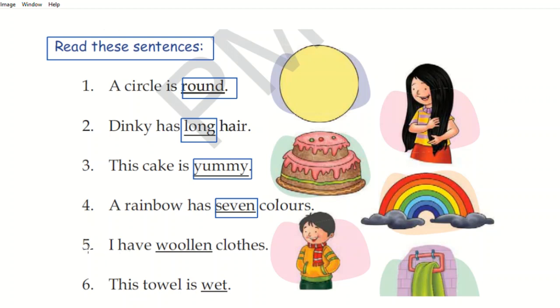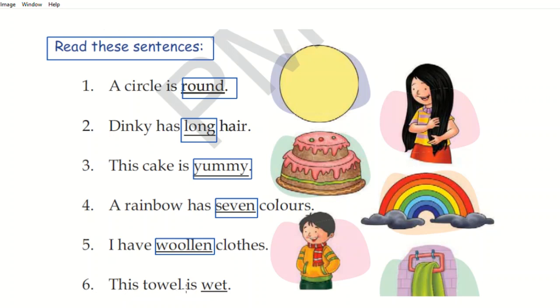Sentence number 5. I have woolen clothes. Clothes is the naming word or noun and woolen is describing it. So here the word woolen is the describing word. Let's read the last sentence, sentence number 6.